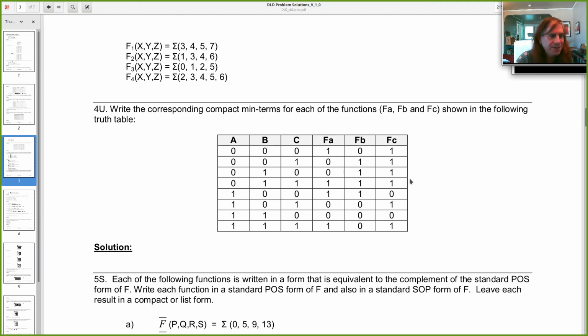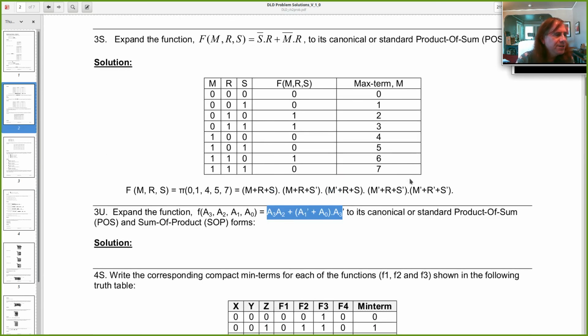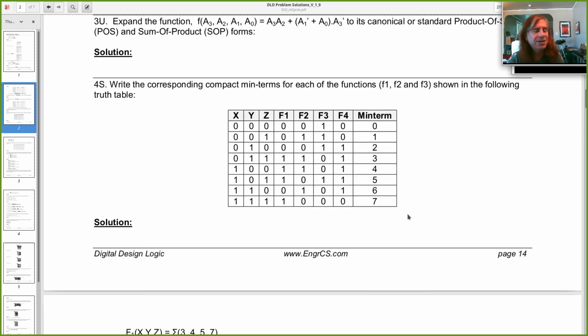So here you want to write it down as just minterm 2 plus minterm 4 plus minterm 5. These equations up here, the canonical product of sums or sums of products, that's the big long algebraic expression, like A bar B C, or M bar R S bar, ORed with, etc. But question 4, write the compact expression. So just add the minterms.